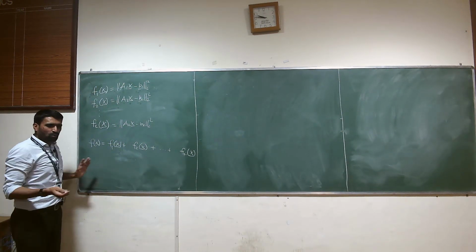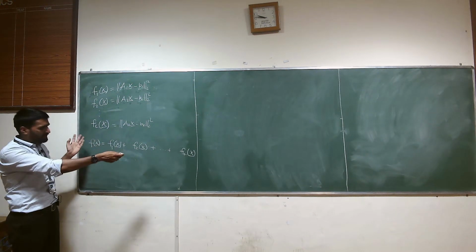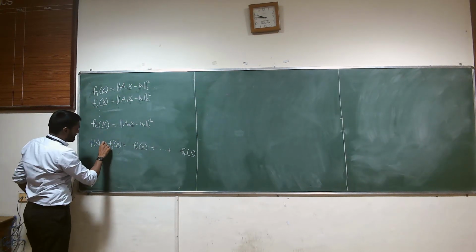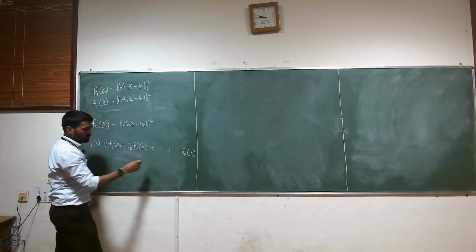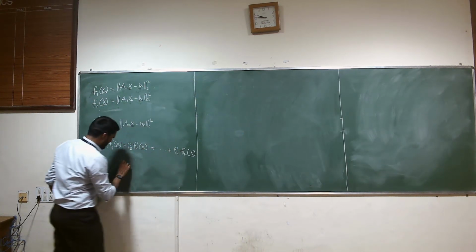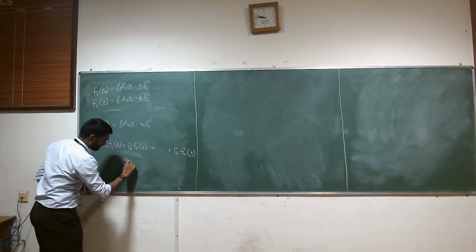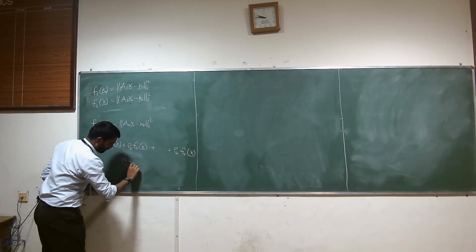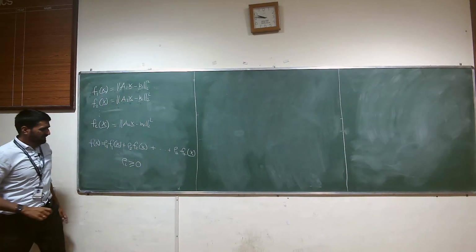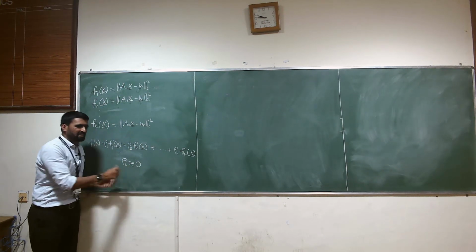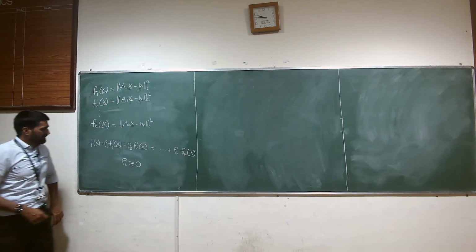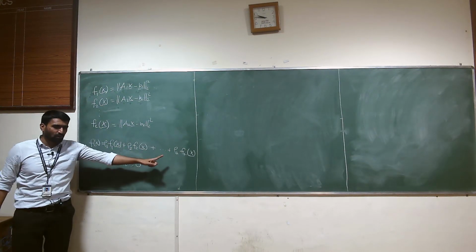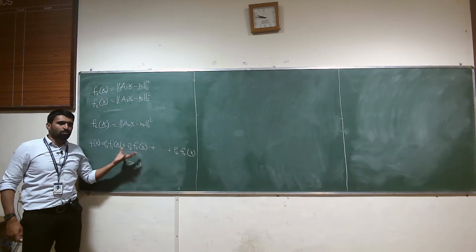So one way to code that into your optimization function is to multiply each one of these by some scalar, rho 1, rho 2, rho k, and each of these rhos will be greater than 0. If it's 0, then you're saying I don't care about that. Depending on the size of the rho, you give more weightage to that.